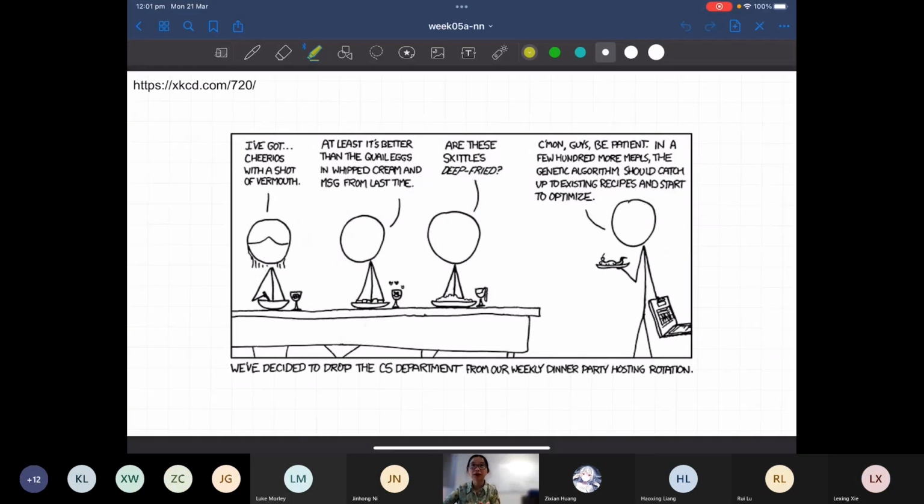Okay, so we're going to talk about neural networks, a topic which I'm sure you have heard about, to various degrees of depth. And there are, yes, too many comics to choose from.